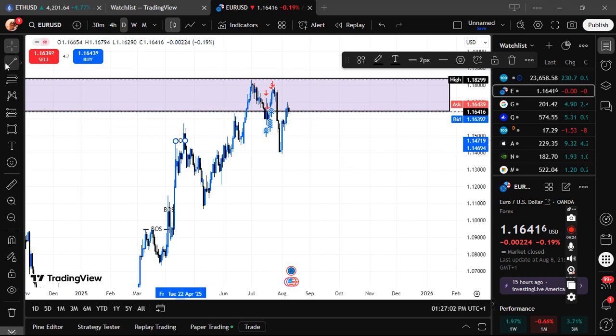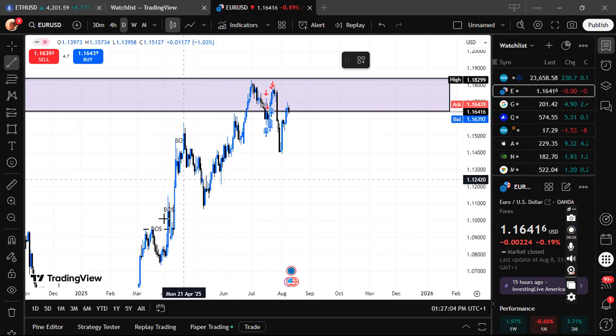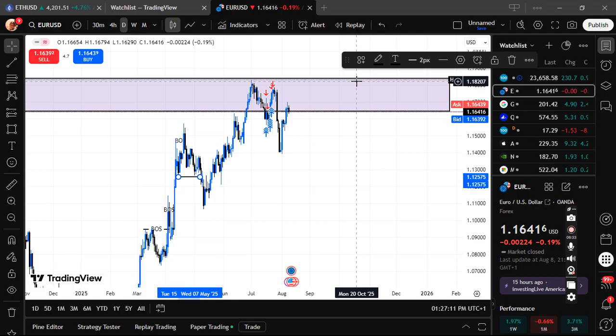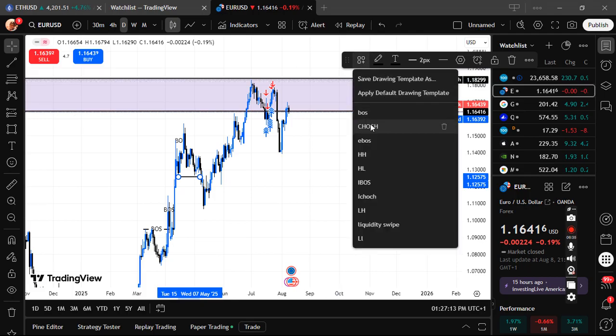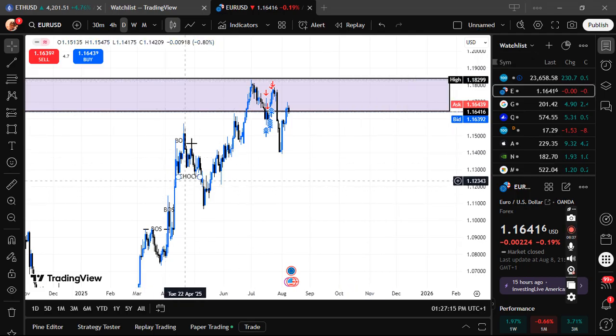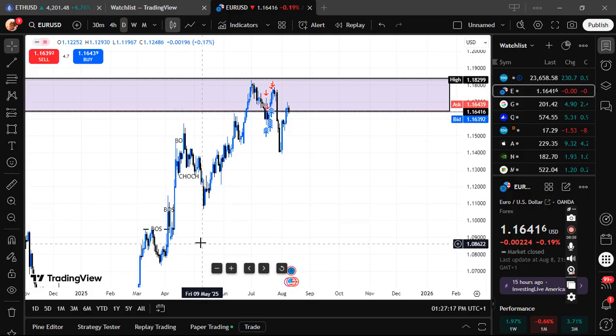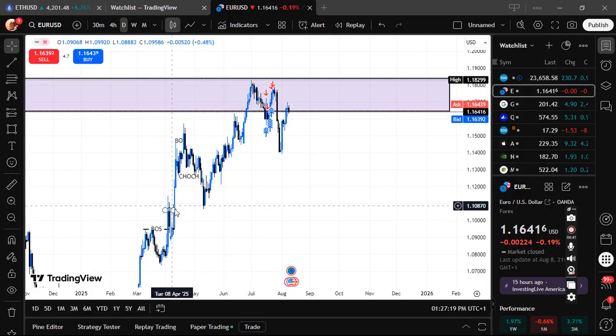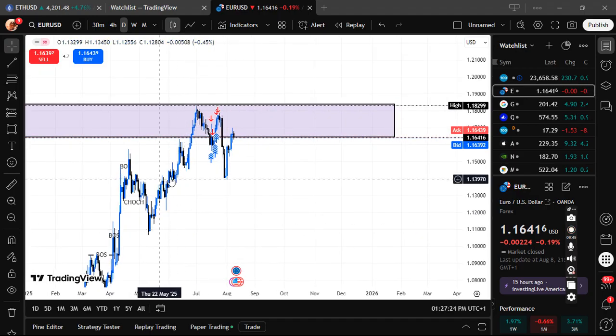Then suddenly we have a little pullback, but here we got a change of character. When we got the change of character, price came to act at this level before continuing the buy pressure to break this structure.